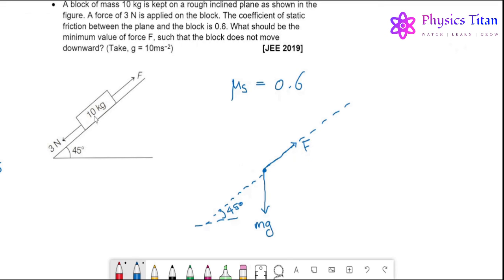Also, since the block wants to move downward, there will be a force of friction in the upward direction, which is equal to Fs.